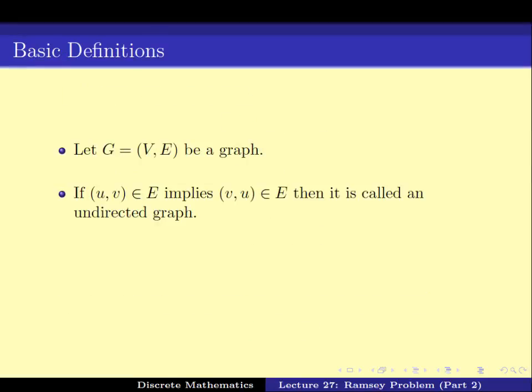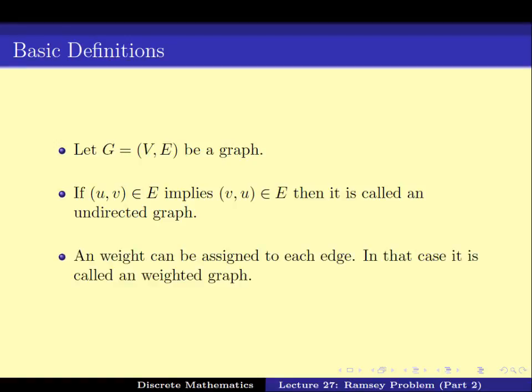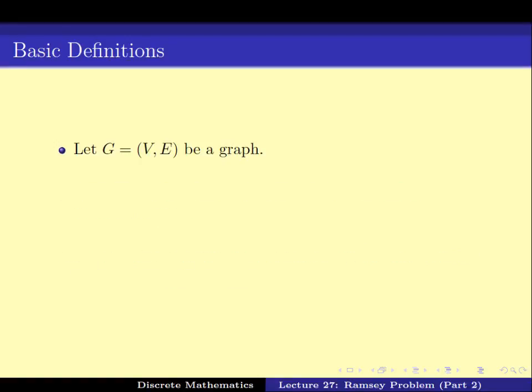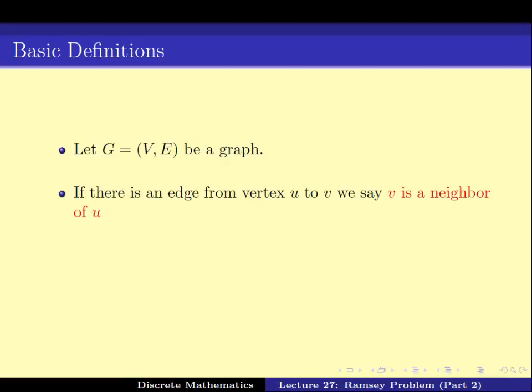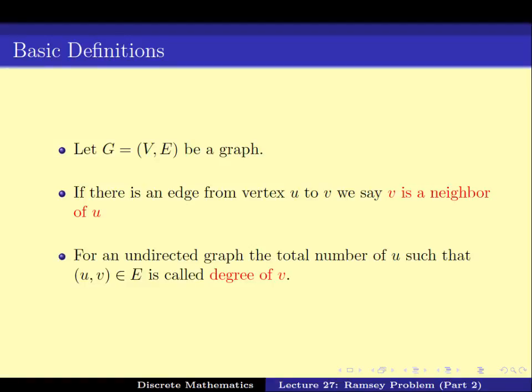Now, if the relation between vertices is symmetric, that means if uv is an edge then vu is an edge, we call it an undirected graph. We can also have weights assigned to edges, and if there is an edge from u to v, then we say that v is a neighbor of u, and in an undirected graph the degree of v is the total number of neighbors of v.